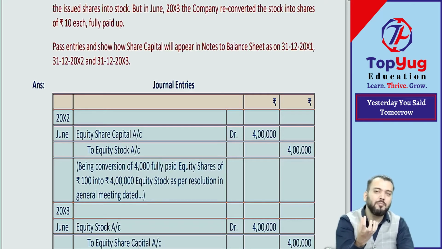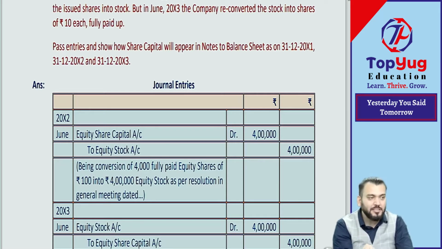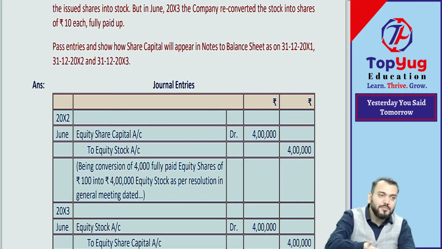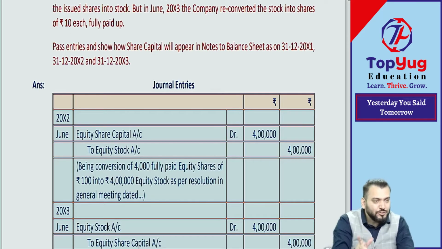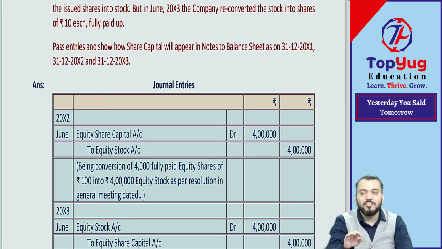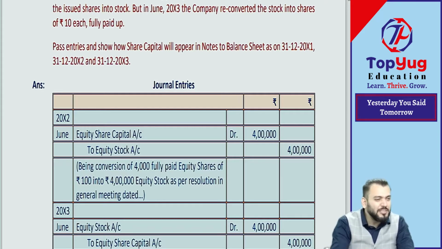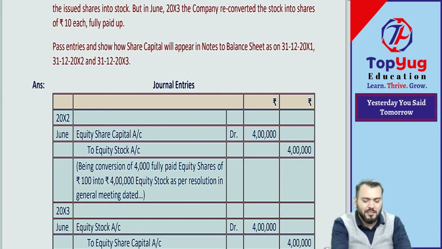I think in ESOP I said the group of shares is known as stock, correct? So they will convert some group of shares into stock. So journal entry will be what? Equity share capital account debit to equity stock account. And once they reconvert it, equity stock account debit to equity share capital account. Correct now. So that is the case.